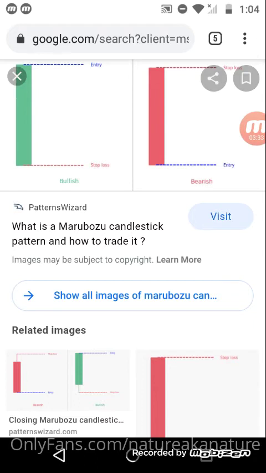It shows that buyers were in control the entire session, and it's usually the first part of a bullish confirmation or a bullish reversal pattern.